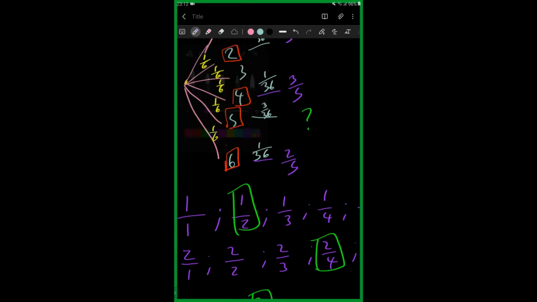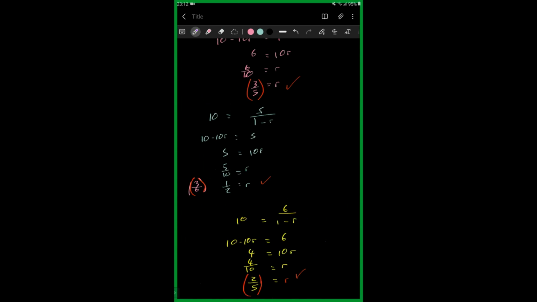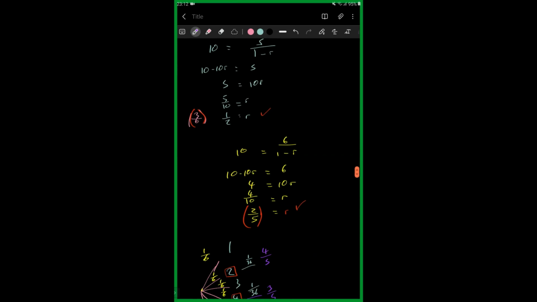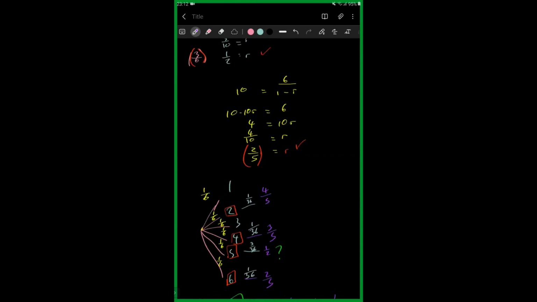This number just has to be a half, because as long as r is a half, it will work out. So that's what we need to keep in mind: our value of r can potentially be a half in multiple ways. But for the others, there aren't really a lot of ways that we can get those particular values.